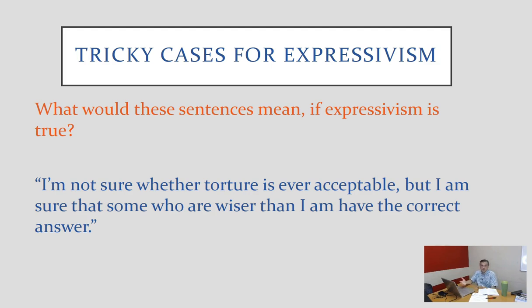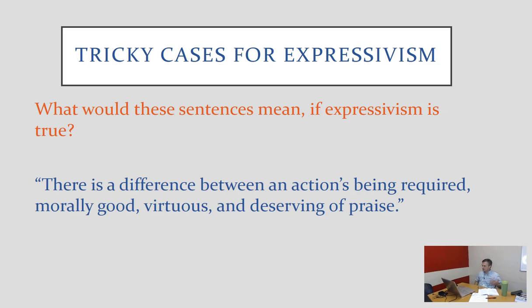Okay, so this is an expression of moral fallibility, but it doesn't necessarily express an emotional reaction, even though it is sort of a moral judgment of oneself, right? Okay, here's another one. "There's a difference between an action's being required, morally good, virtuous, deserving of praise."